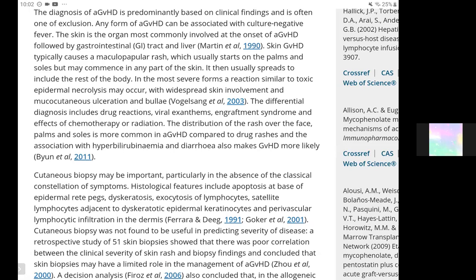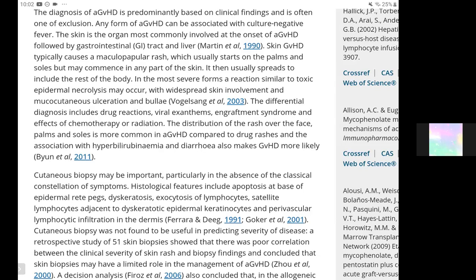Now regarding the skin toxicity, it starts as a maculopapular rash, usually involving the palms and soles, but may commence in any part of the body. It may be in the face and the neck also, but then generally it will spread to include the rest of the body as well. In the most severe forms, a reaction similar to toxic epidermal necrolysis may occur with widespread skin involvement and mucocutaneous ulceration and bullae.